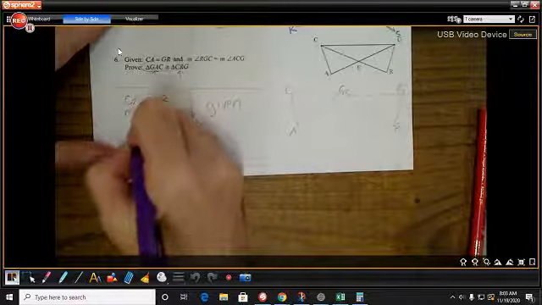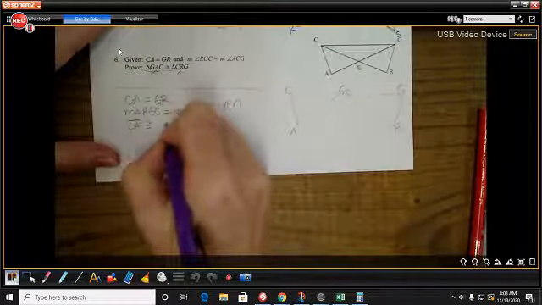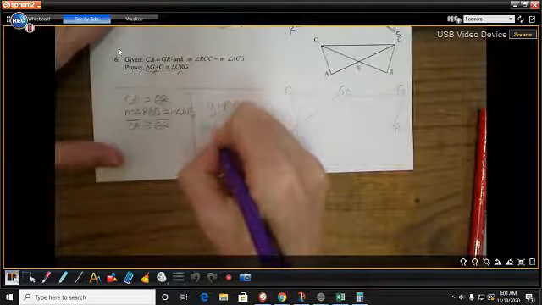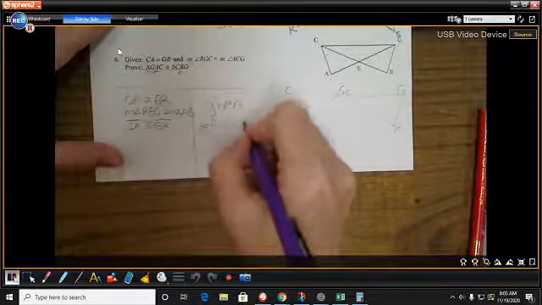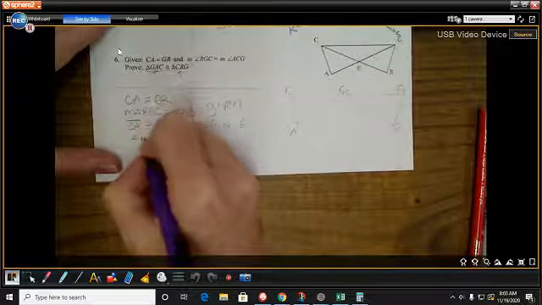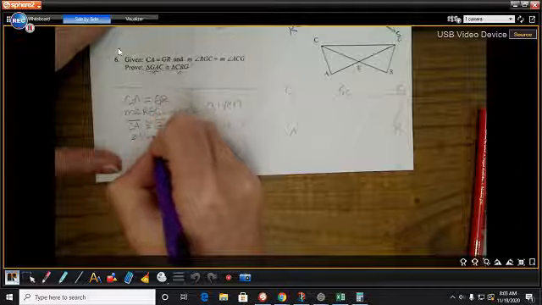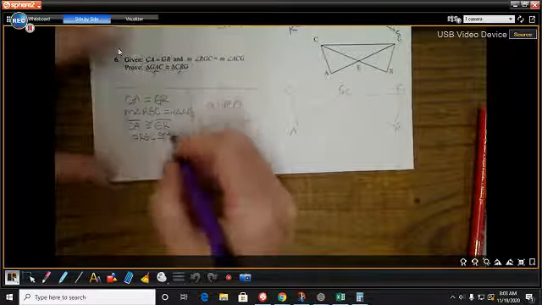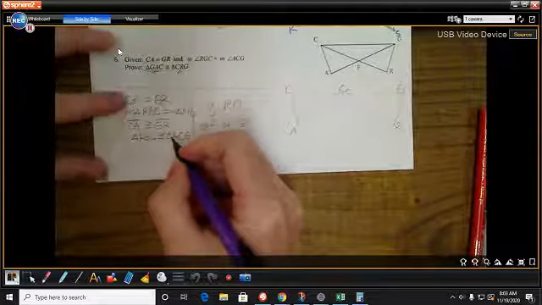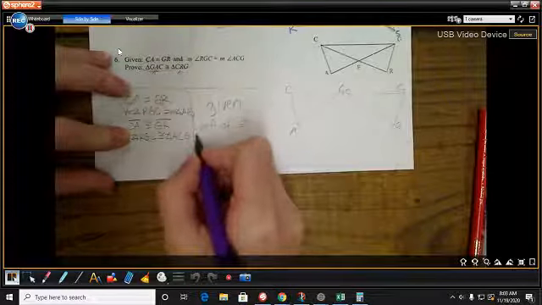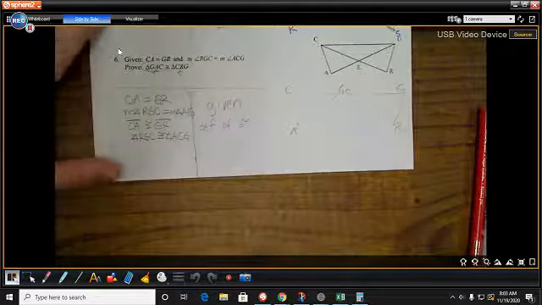So I'm going to say that segment CA is congruent to segment GR by the definition of congruency. And while I'm on that step using that, I'm going to go ahead and say that angle RGC is congruent to angle ACG. So I've just taken both of these pieces and taken the step to say that they are congruent to each other using this definition.